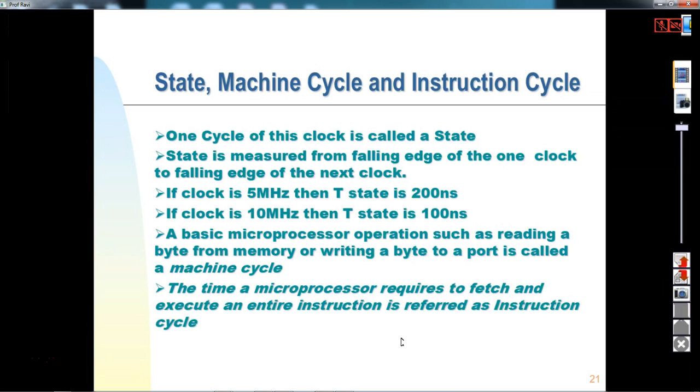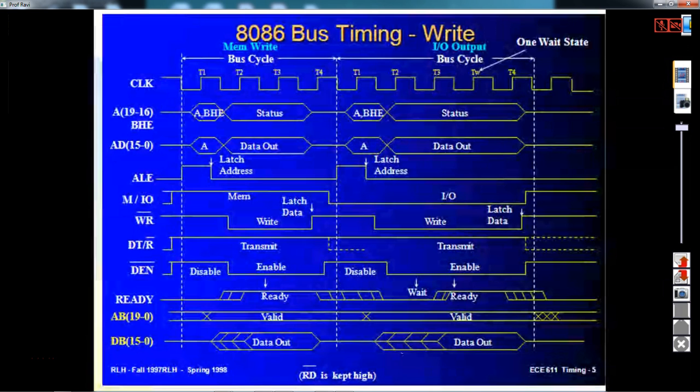Be clear here: you have a state, a machine cycle and an instruction cycle. The time taken by the processor for entire instruction fetching, decoding and execution is the instruction cycle, and the machine cycle means how much time it takes to do a memory read or memory write operation.